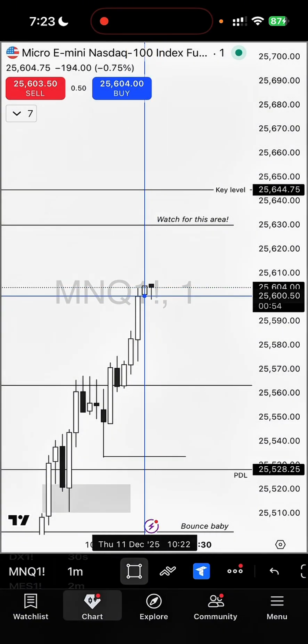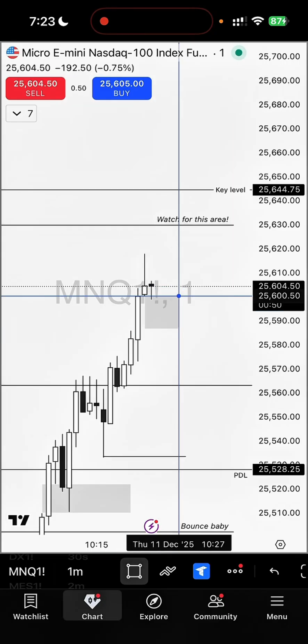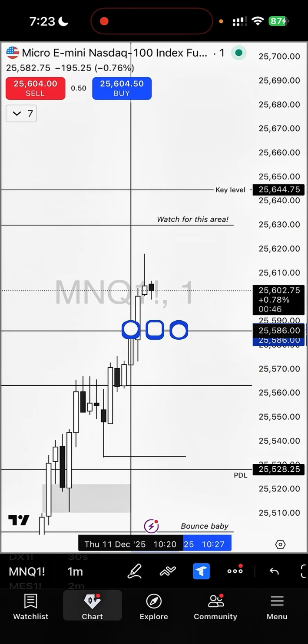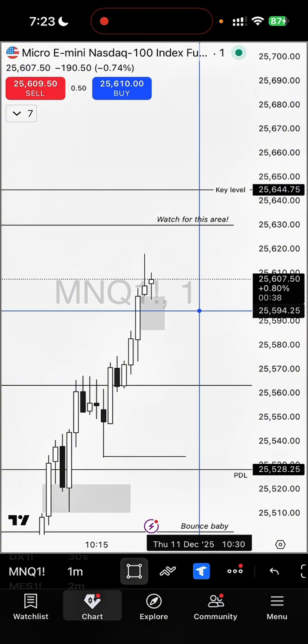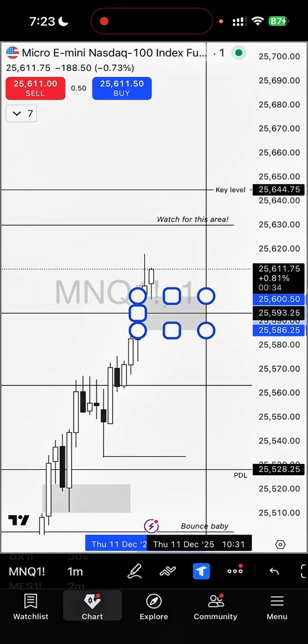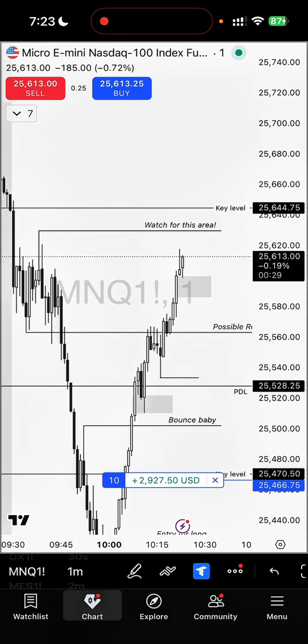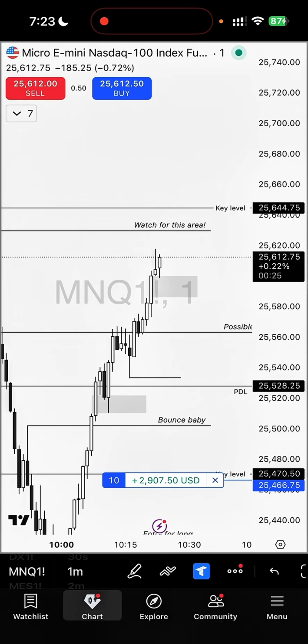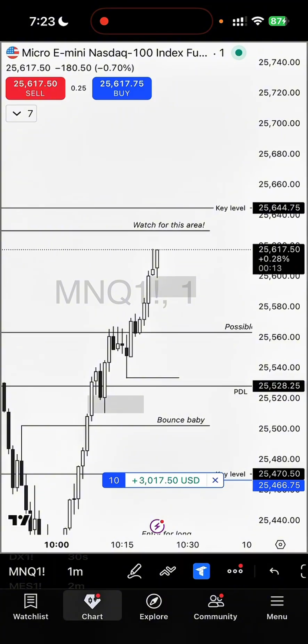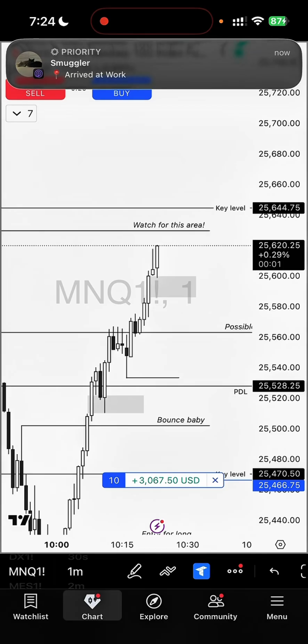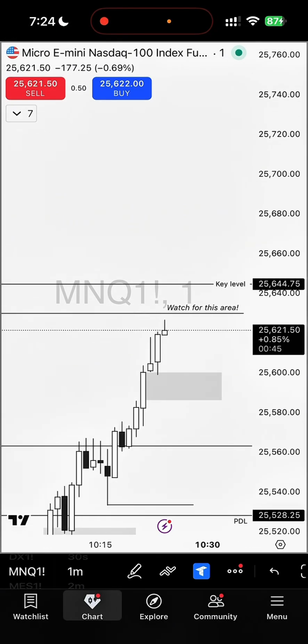Now I want this bullish imbalance to respect. Alright, as I mentioned, we're gonna watch the reaction on here.